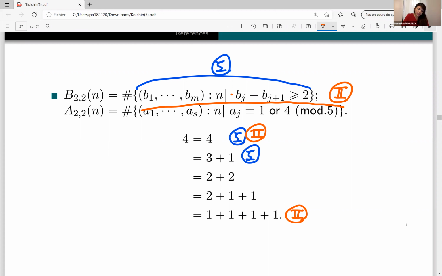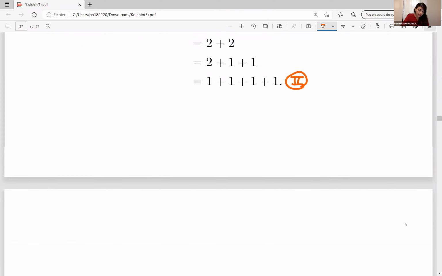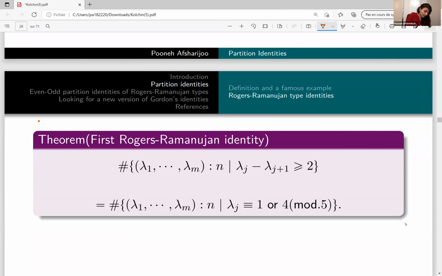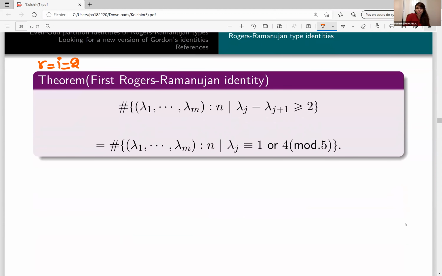Actually, this special case of Gordon's identities, when we take r equal to i equal to 2, is an important case which is called the first Rogers-Ramanujan identity. It was found by Rogers and Ramanujan separately, and if we take r equal to 2 and i equal to 1 in Gordon's identity, we find the second Rogers-Ramanujan identity.